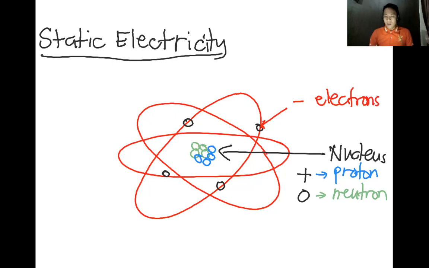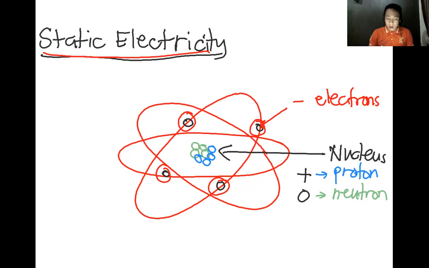Now, how is it related to our topic last time, static electricity? You can count the number of electrons. We have one, two, three, four. We can compare that to the number of protons.